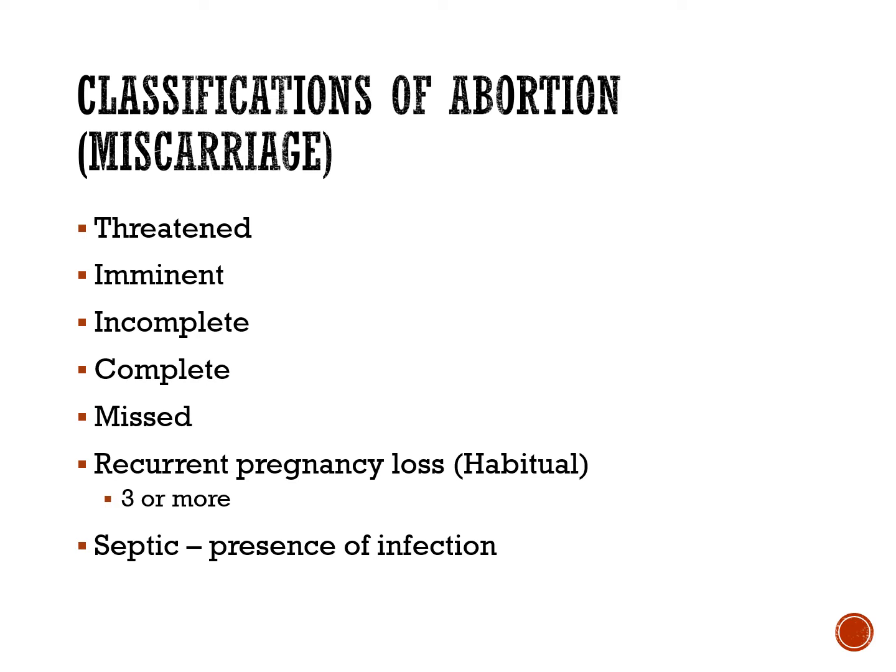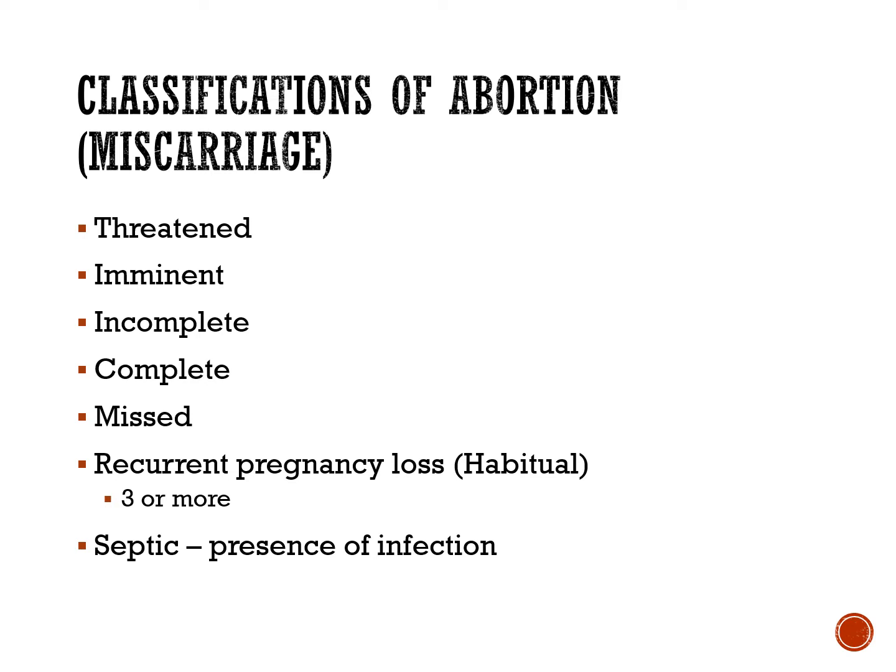The cervical opening is closed, even though they are having some spotting. It could be followed by partial or complete expulsion of the fetus, or may resolve without any issues to the baby, and they may carry on to full term. Also, if you see that, it could be a molar pregnancy or ectopic pregnancy.